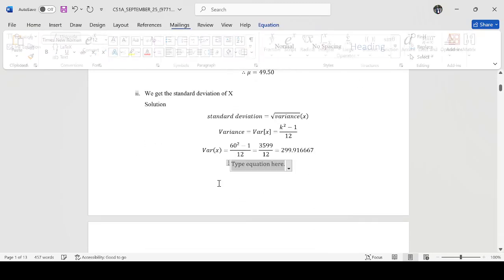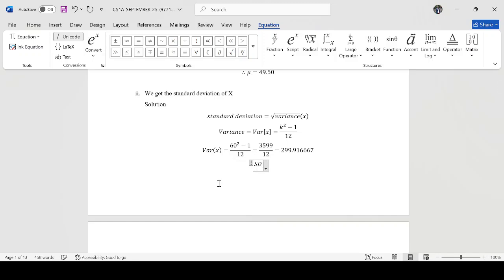Then you can get the SD, which is the standard deviation. This is the square root of 299.91667.